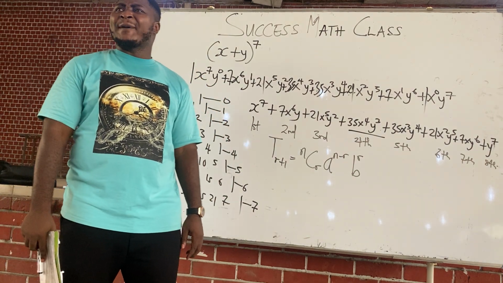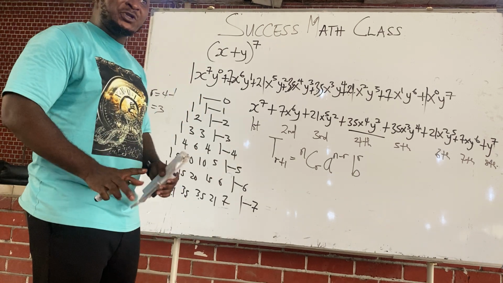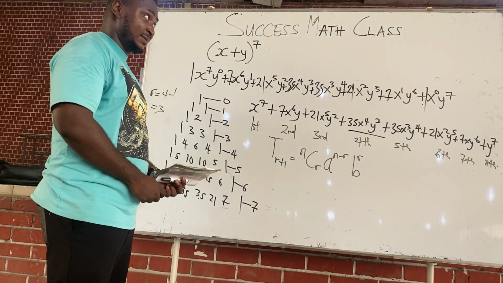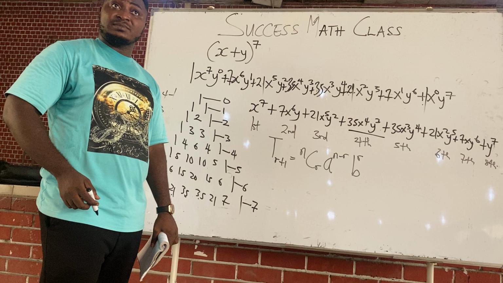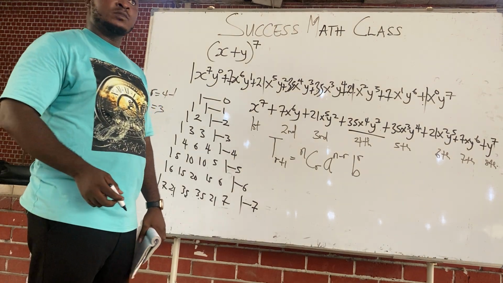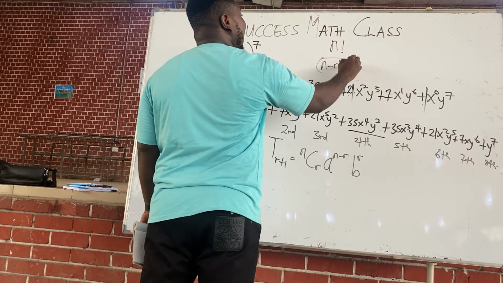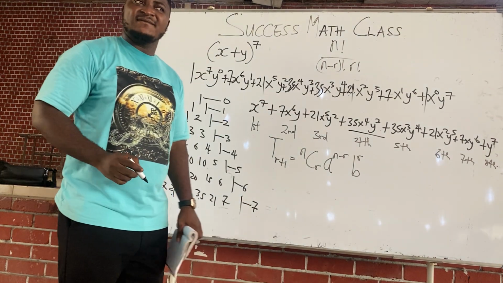Actually there's a formula for permutation and combination. If you want to go the long way, the formula is n factorial all over n minus r factorial. Let's not even go there.